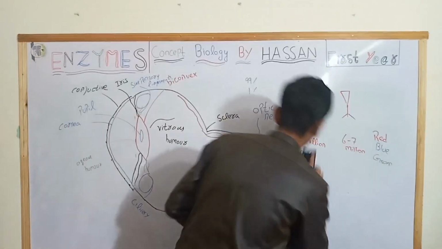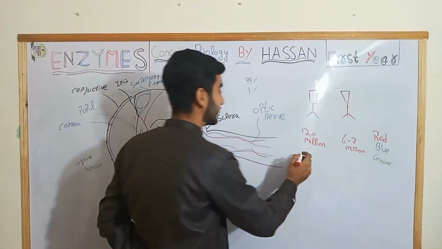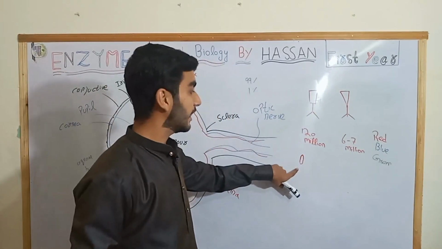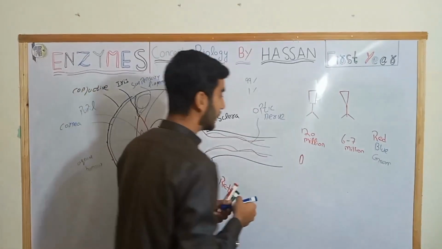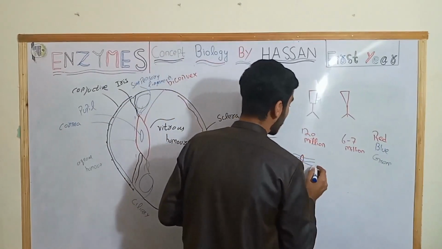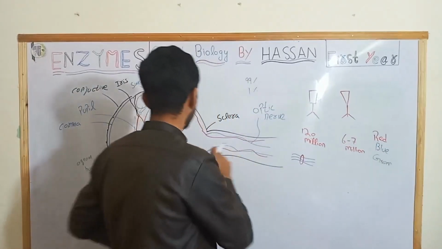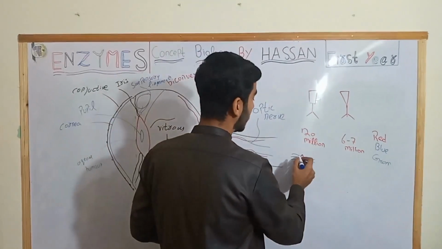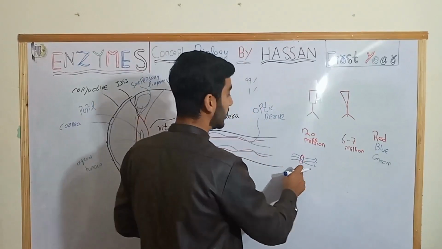If there is daylight, then the pupil is not very open, because in the presence of daylight there is a huge amount of light. If too much light is present in our eye, it may be dangerous for the cells. It may burst the cells.